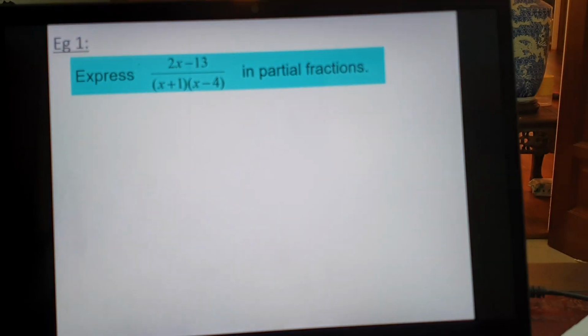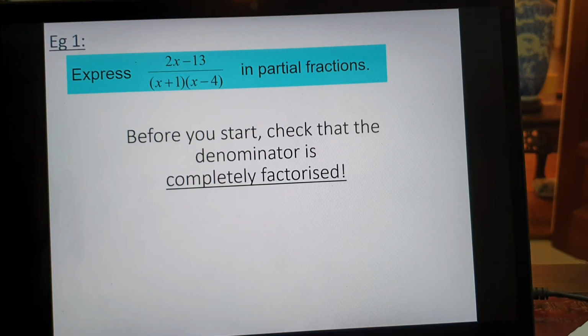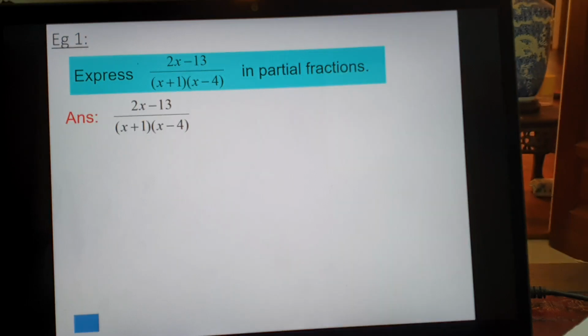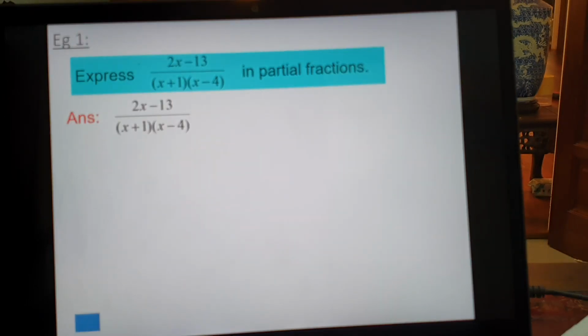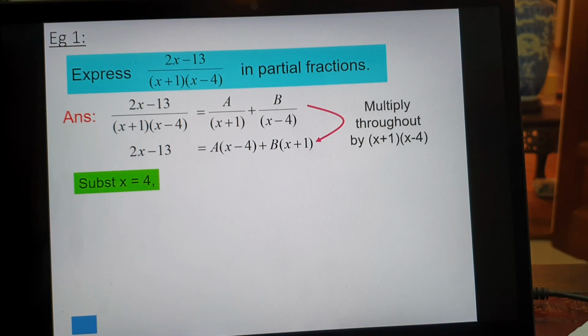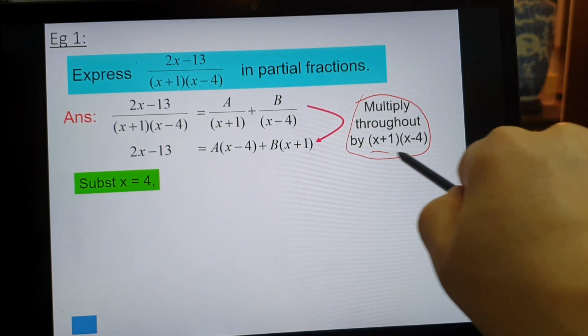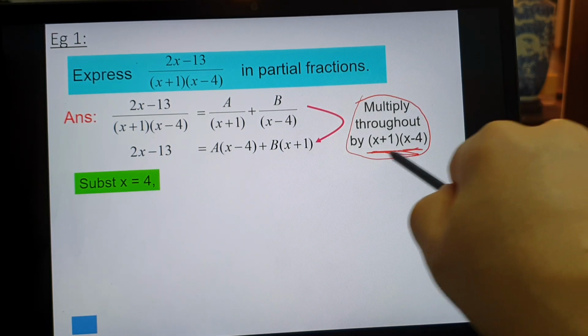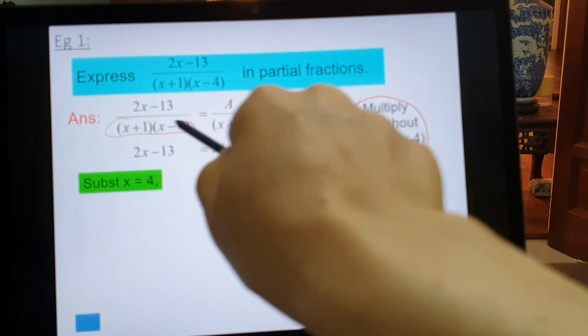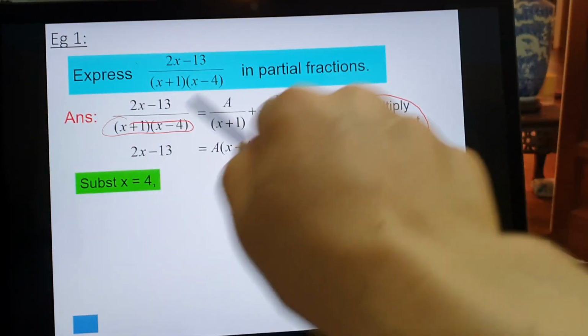Yeah, then the same old story. We've done this before. So you can see you multiply throughout by, this is what I told you. Okay, don't use any other method. Use this method, multiply throughout by what you have here. Don't think of it as cross multiply, don't.